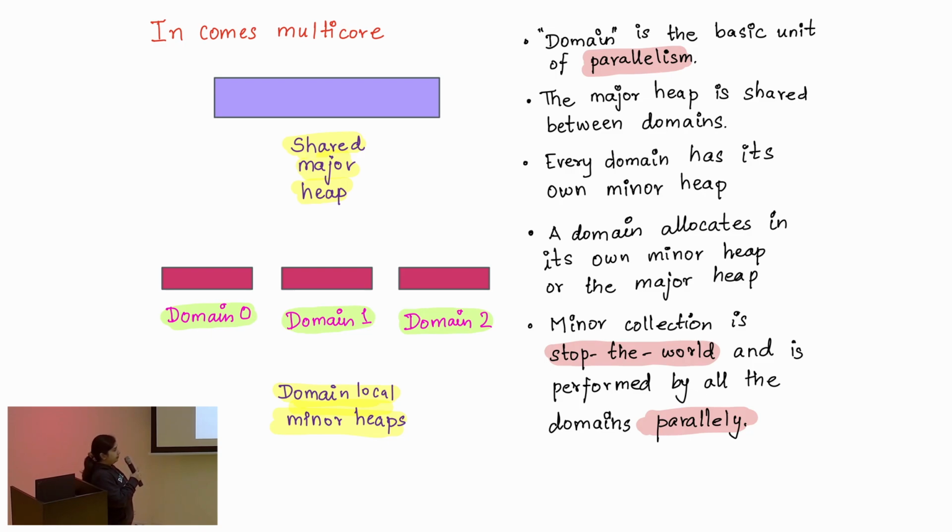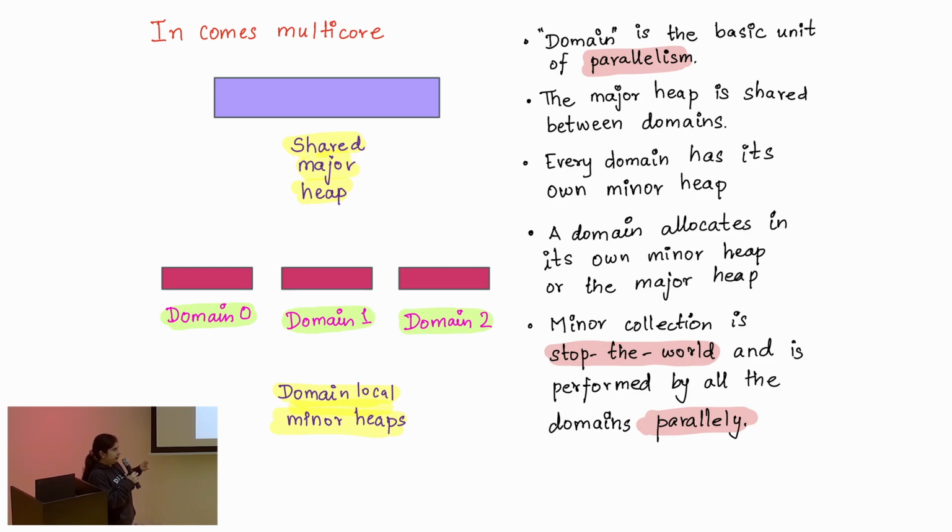So the major heap here is shared between domains. All the domains have one single major heap, but each has its own minor heap that only it controls. When you allocate something, the domain either allocates on its minor heap or, for larger allocations, on the major heap.